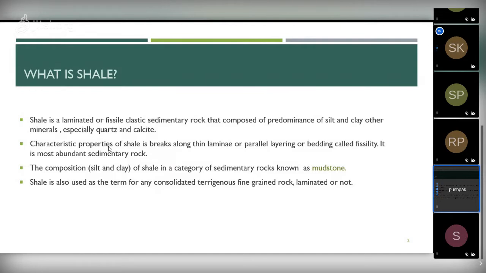Sir, its property of fissility, that is this rock splits easily along closely spaced parallel layers, meaning the layers are parallel to each other. The property of fissility can distinguish it from other sedimentary rocks.